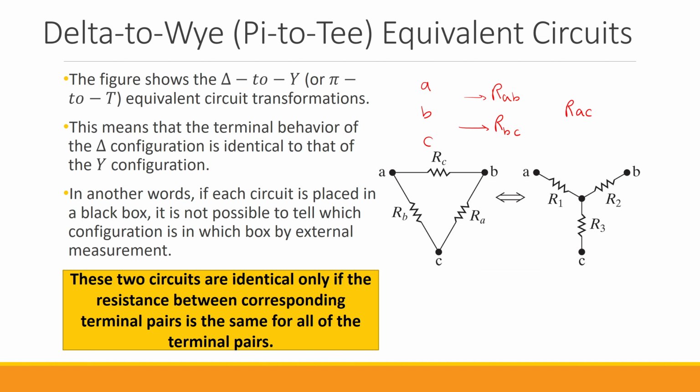So between these two circuits, if the resistance between terminal A and B for the delta configuration is the same as for the Y configuration, also if the resistance between terminal A and C in the delta configuration is the same as in the Y configuration, also if the resistance between terminal B and C in the delta configuration is the same as in the Y configuration, then we can say these two are completely equivalent.